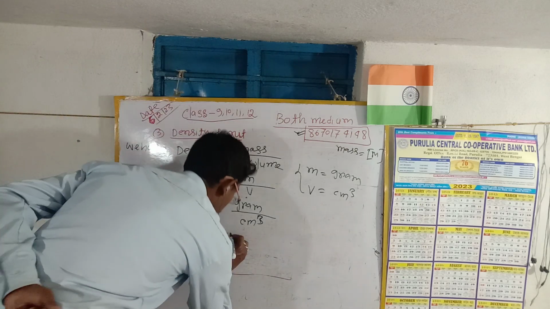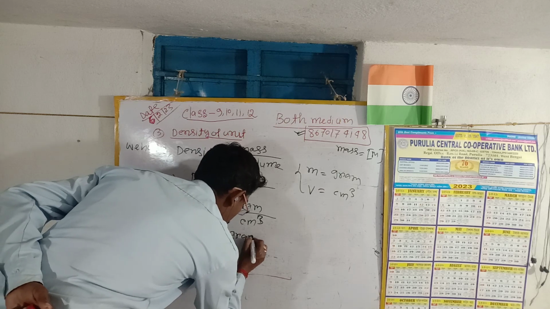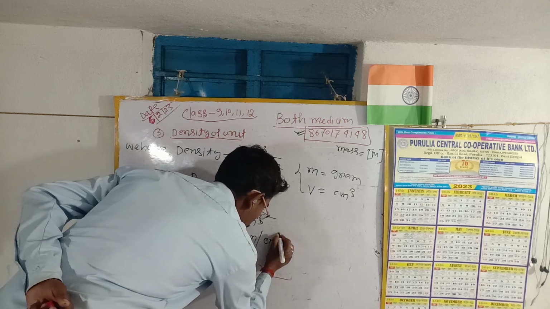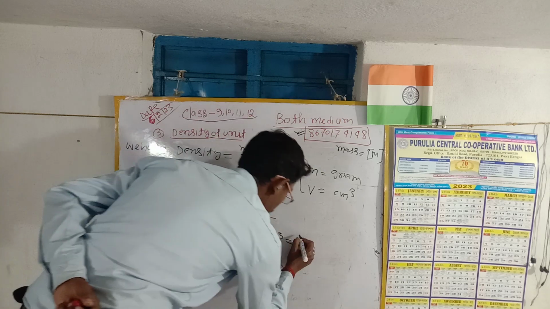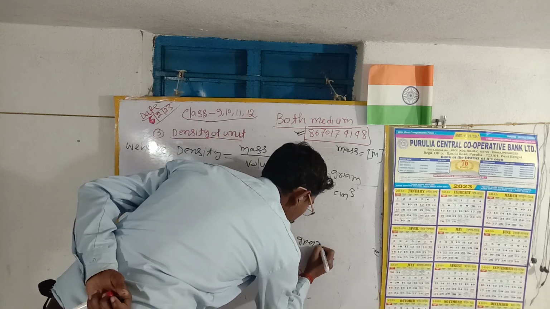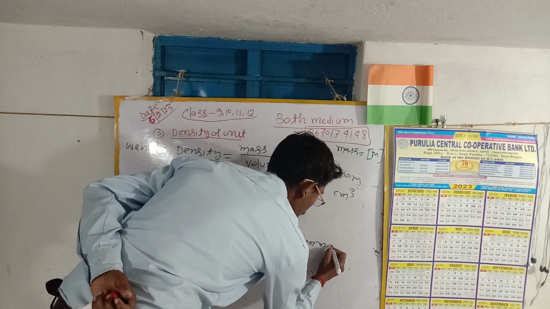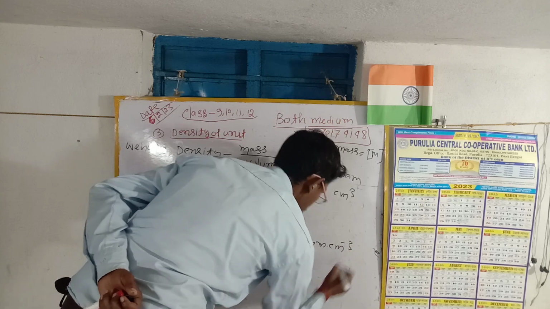So here D is gram per centimeter cube, or gram centimeter to the power -3.